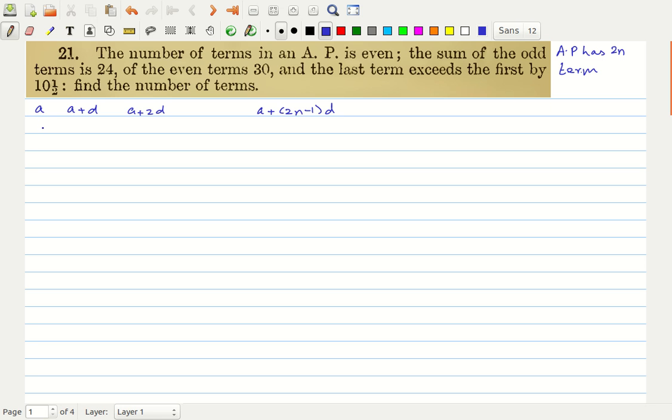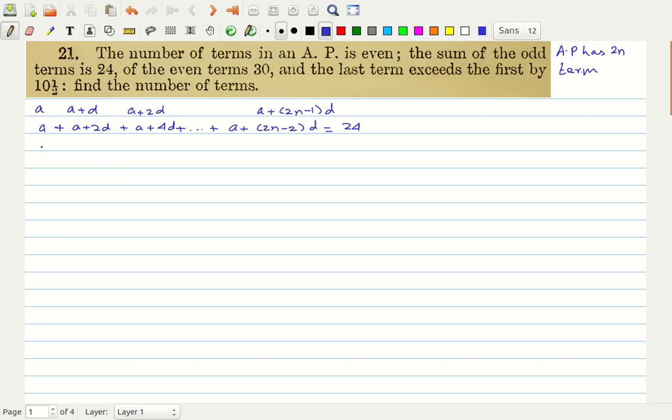The odd terms are A, then the third term which is A plus 2D, and then the fifth term which will be A plus 4D, and you will have a term before the last which will be A plus (2n minus 2) times D, right? So the sum of this is given to be 24.